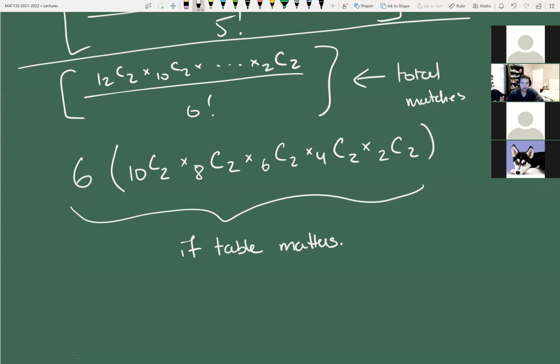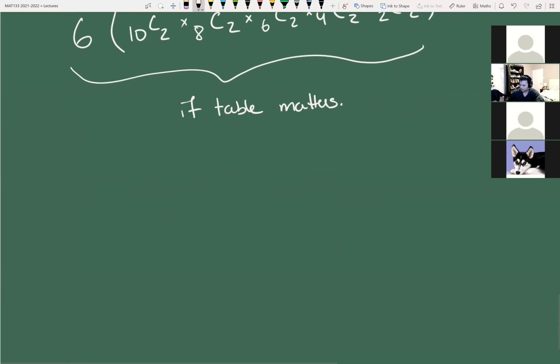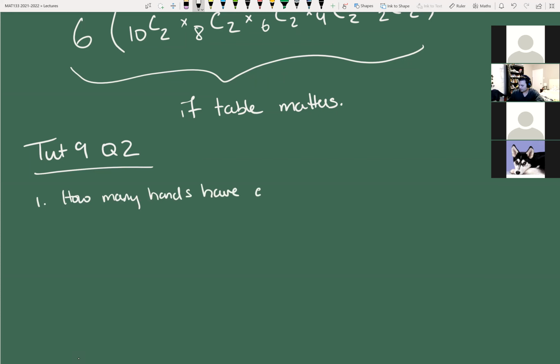You've got to get used to them, right? Because these are really nice places for us to take examples. To have at most 1 means that you either have 0 or you have 1, right? So if this is tutorial 9, Q2, part 1 is how many hands have at most 1 club.